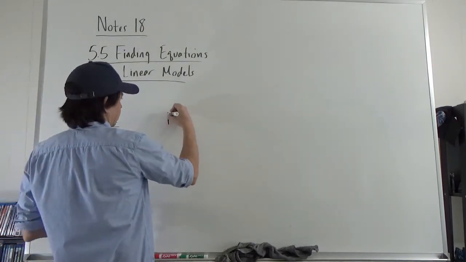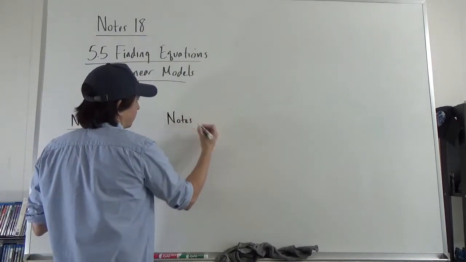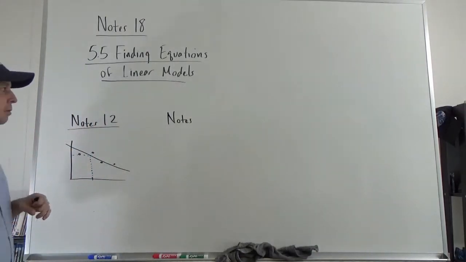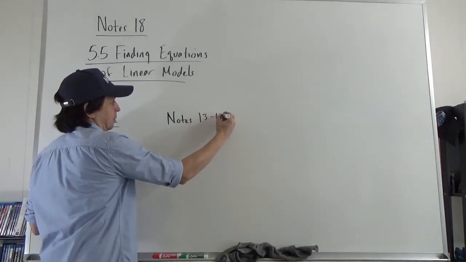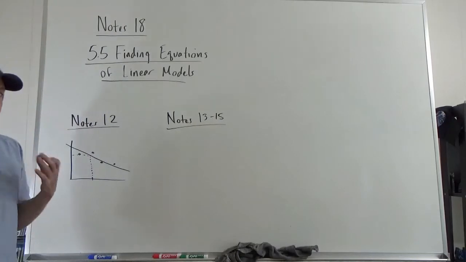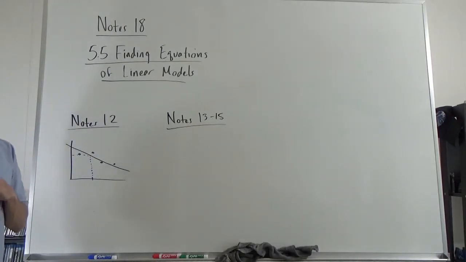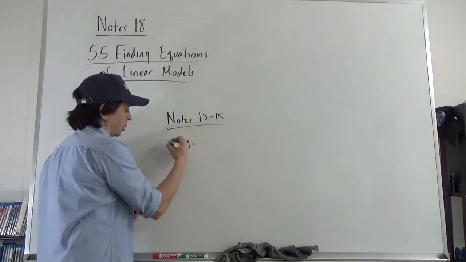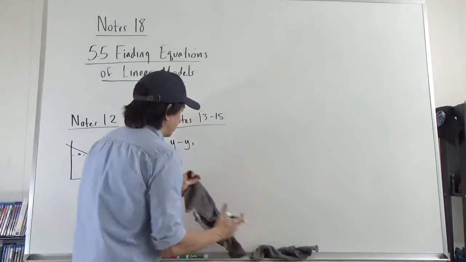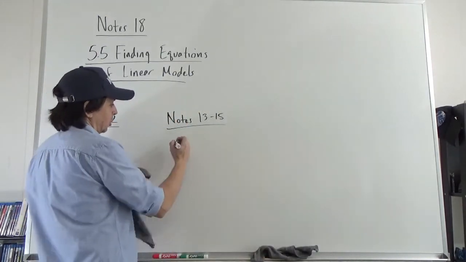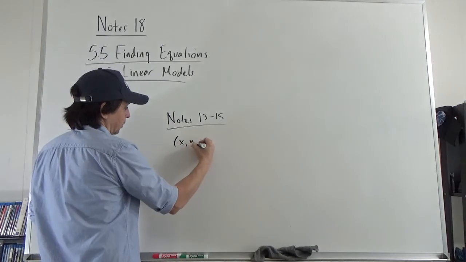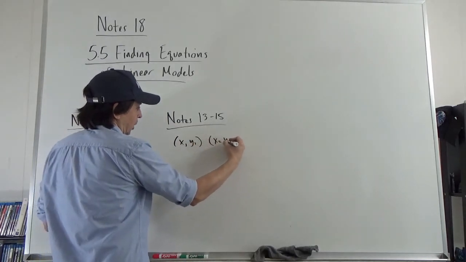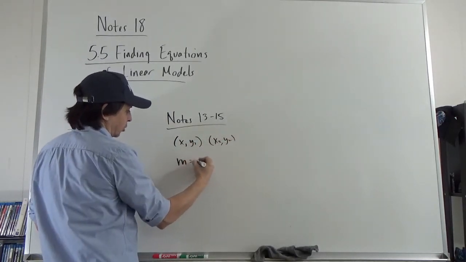In lessons 13, 14, and 15, you learned equations of lines, and most of them were like y is equal to 3x plus 2, where you would just be able to count 1, 2, 3 up, 1 over, things like that. But we did learn how to take 2 points. In lesson 15 specifically, you would take your x1, y1, x2, y2 points, and you would first find your slope.